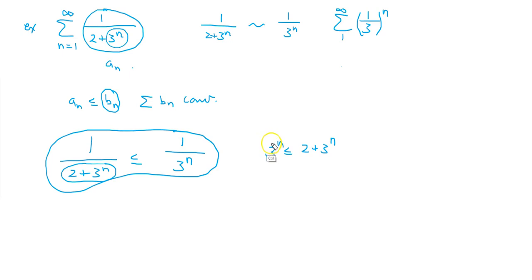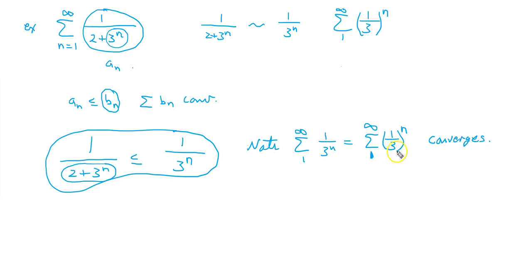Okay. And so now, note that the series of 1 over 3 to the n from 1 to infinity equals the sum from 1 to infinity of 1 over 3 to the nth power, like that. In fact, this exists, it converges, because it is a geometric series. In fact, in this case, we actually know what it even converges to.